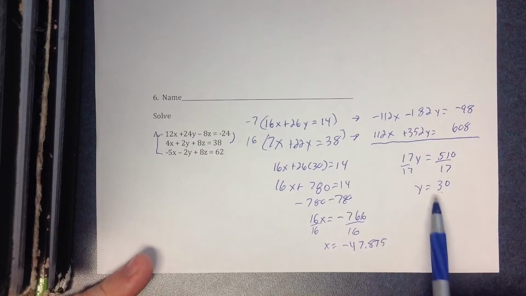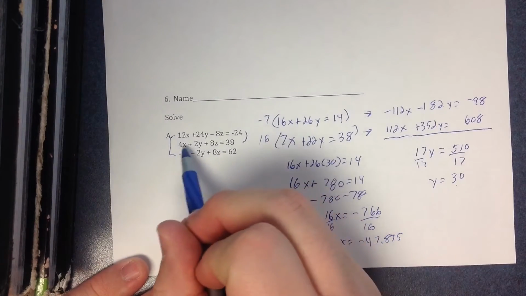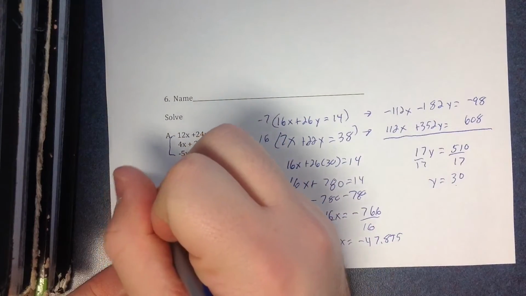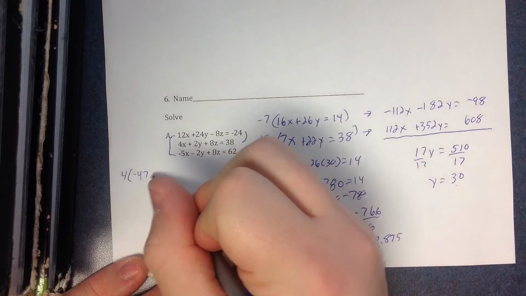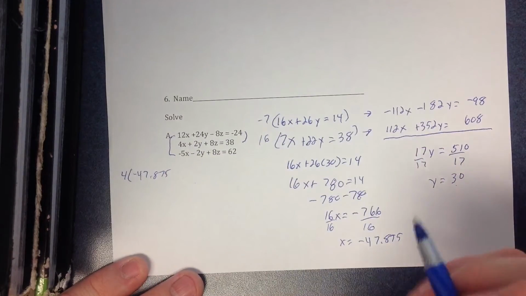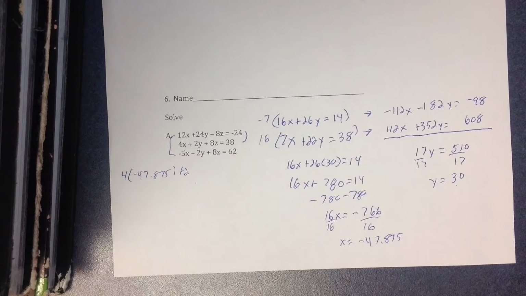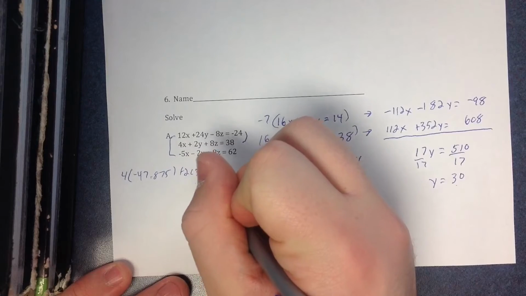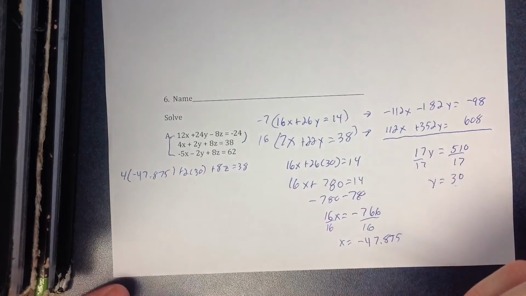So now I've got x and y, so I need to plug those back in to find z. So I'm going to use this middle equation here. So I have 4x, which is negative 47.875, plus 2 times 30, plus 8z equals 38.